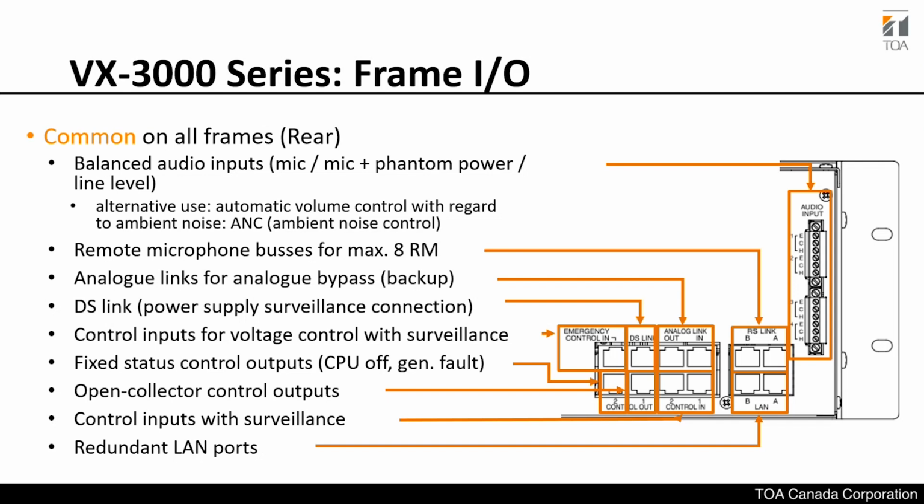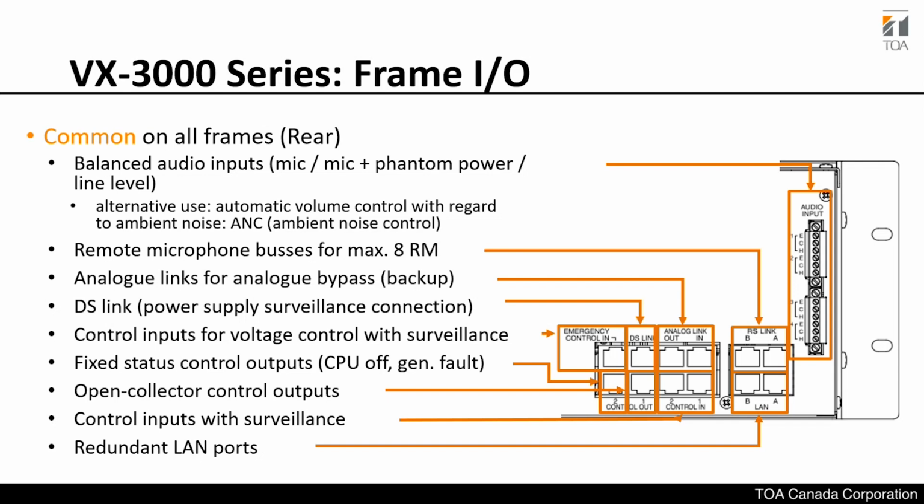Analog link, these ones. So I told you that you can link the VX3000 over the network, but this analog link allows you to link the VX3000 over an analog connection so that you have a degree of redundancy.